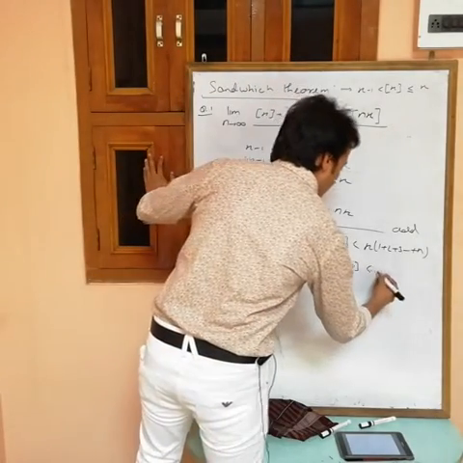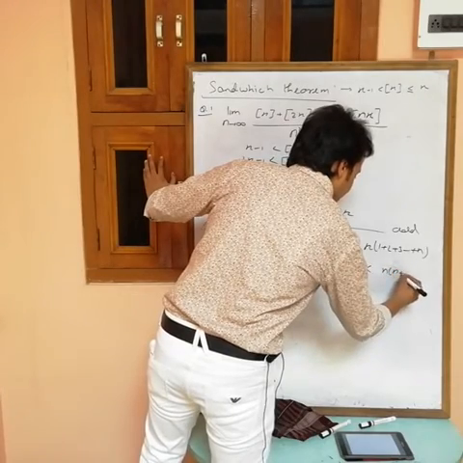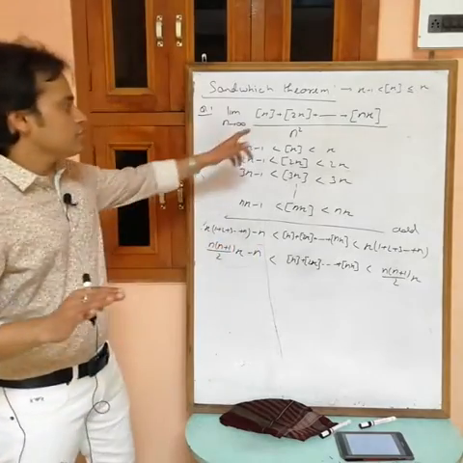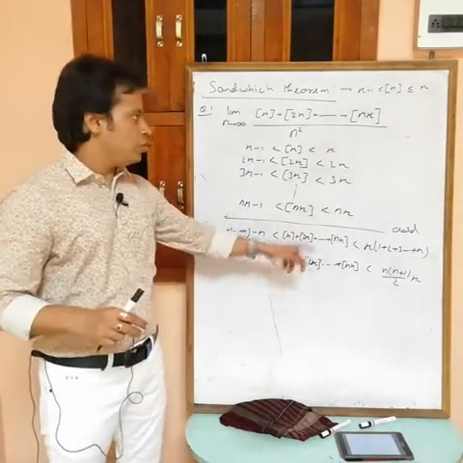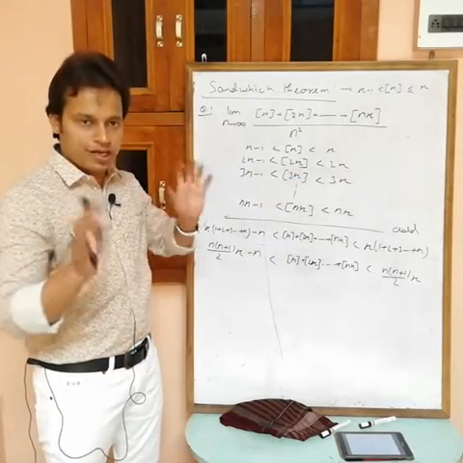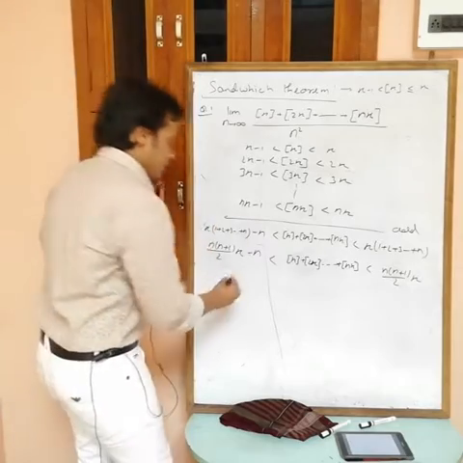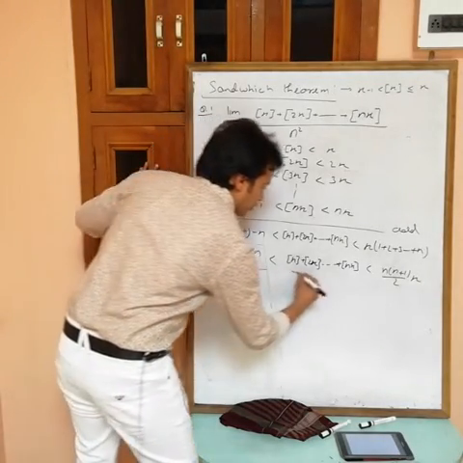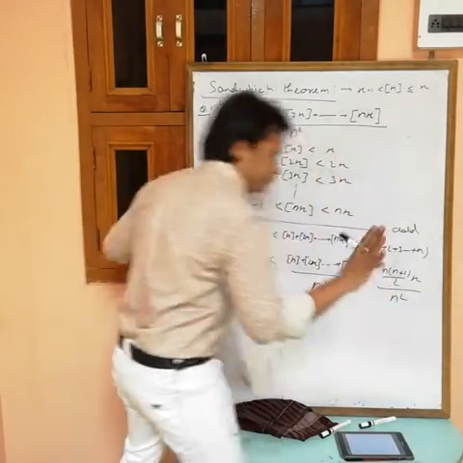Again this is n(n+1)/2 times x. Now in the question, in the denominator we also have n square, so we want the value of this one, which always lies between these two. So divide everything by n square.